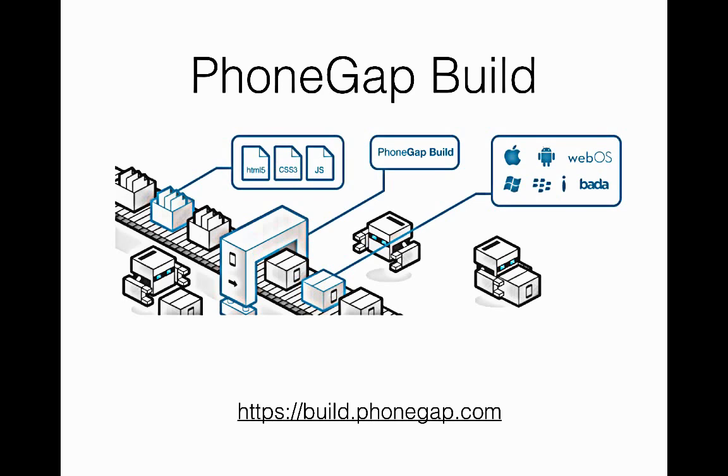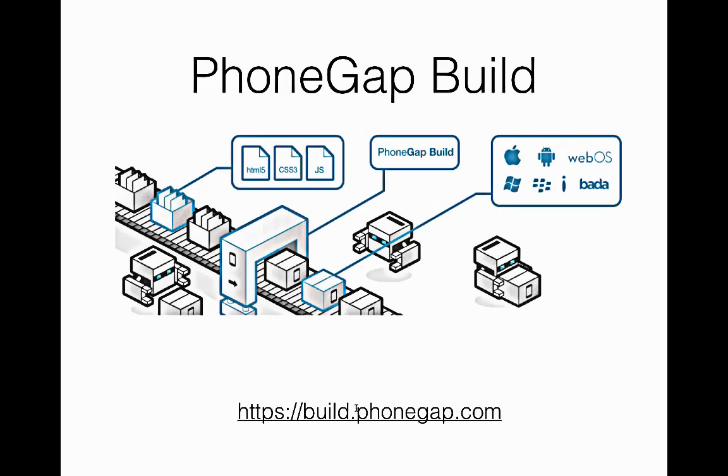One important service that PhoneGap provides is called PhoneGap Build. It's a cloud service that enables developers to upload their web-based project to this website. This cloud service will wrap these files into an application that can run on different platforms.